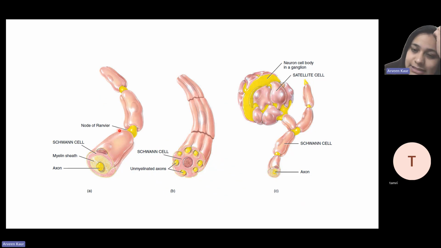And this is the representation of the glial cells present in the peripheral nervous system, which were the Schwann cells over here, in the unmyelinated axon. This is where the Schwann cell is. In the myelinated axon, this is where the Schwann cell is. And there are the Schwann cell in the myelinated axon and the satellite cells, right?